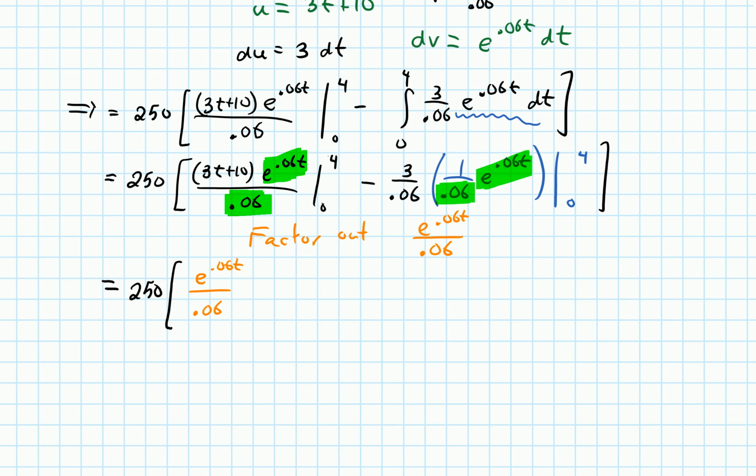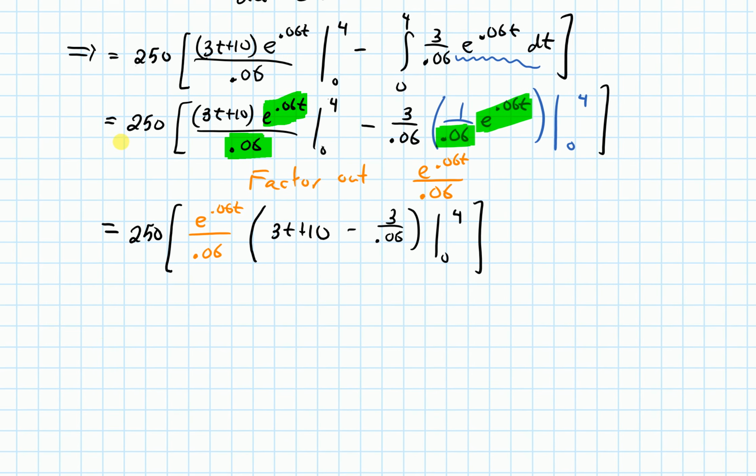And then in parentheses, I have to put what I'm left with. From the first term, I'll be left with 3t plus 10. From the next term, I'll be left with minus 3 over 0.06. And now I need to plug in the 0 and the 4. Notice that factoring that term out made this expression look simpler, so it's going to make my arithmetic easier.